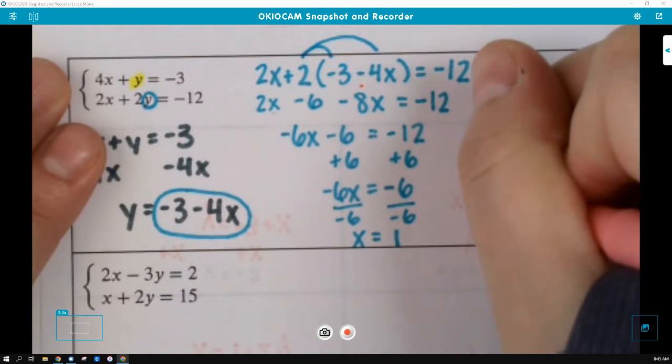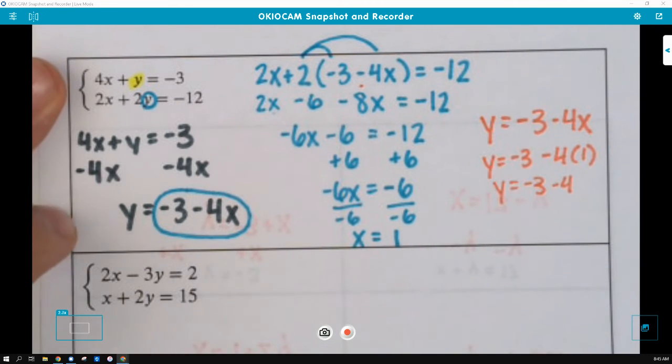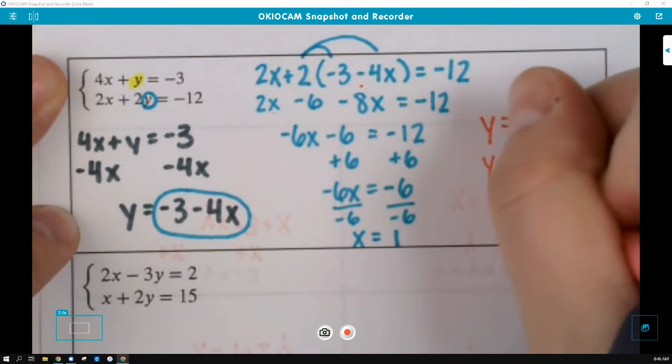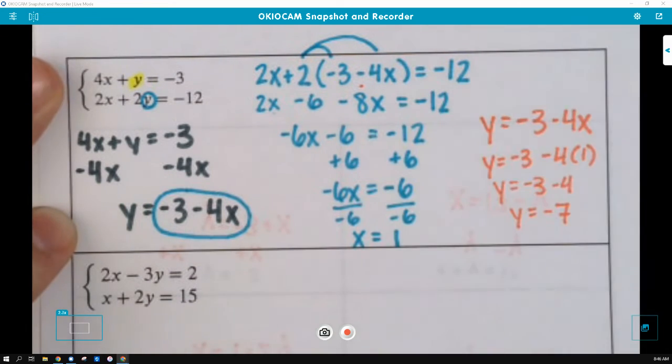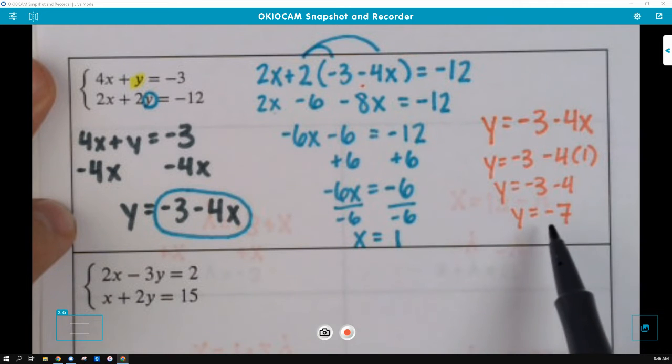This will be y equals negative 3 minus 4. And then negative 3 minus 4 is negative 7. So y equals negative 7. And then the last thing that I do is I write my answer as an ordered pair. X goes first, and then y, so it's 1, negative 7.